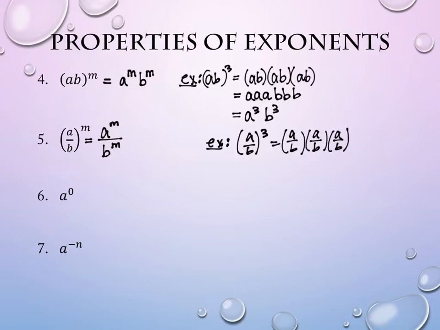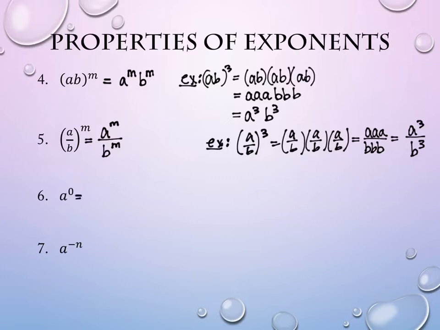And this one, Gabe, is a lot like the one that you brought up today when we were looking at questions, where it's repeated multiple times. We multiply it across the top. So this is a times a times a. Across the bottom, b times b times b. Well, that's a cubed over b cubed individually. Okay, so it distributes just like we would sort of innately expect it to do.